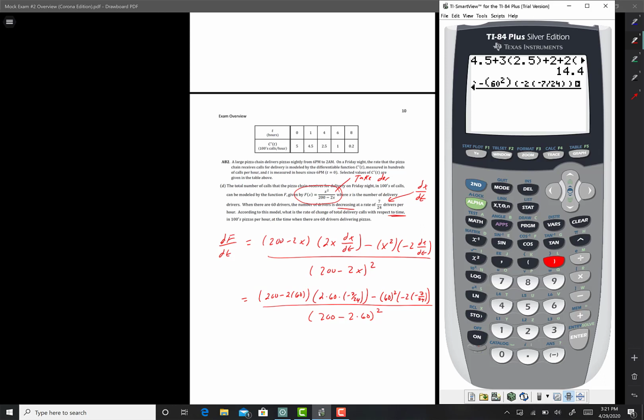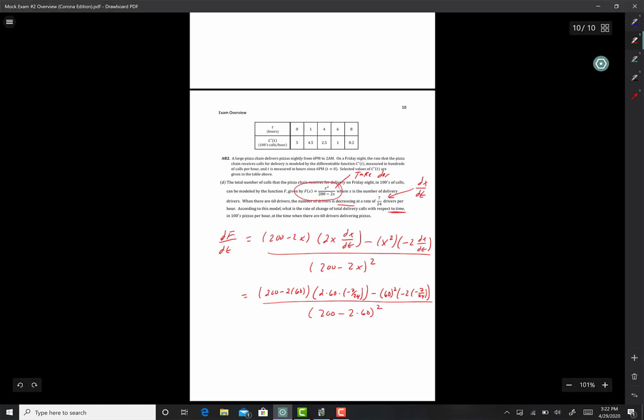Close, all over, if I didn't make any mistakes, 200 minus 120 squared, enter. There we go.